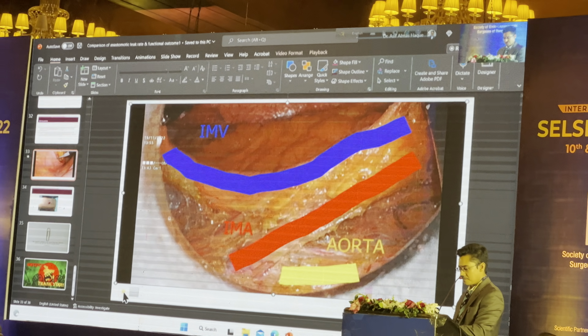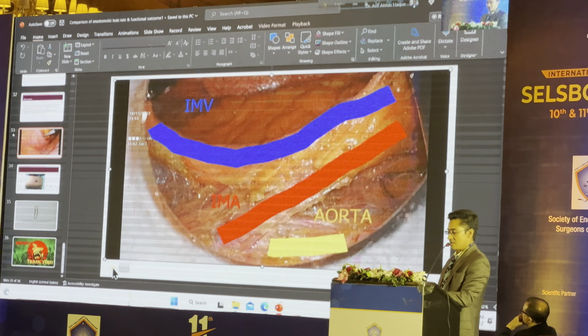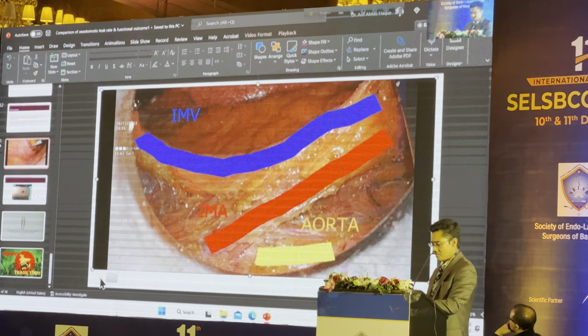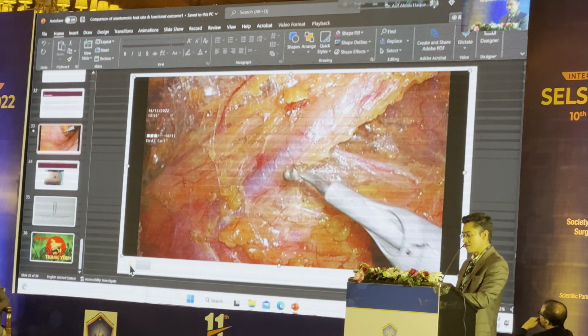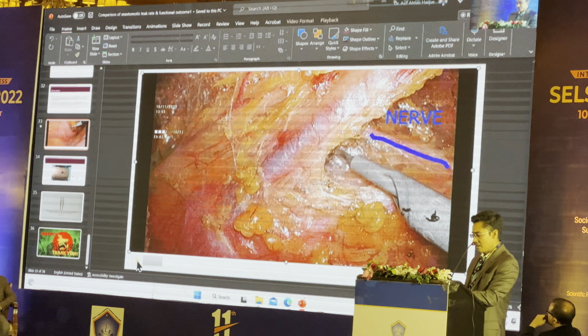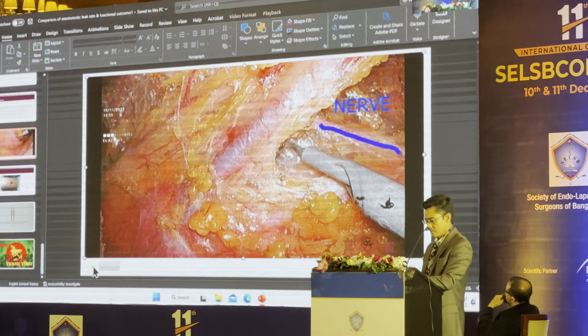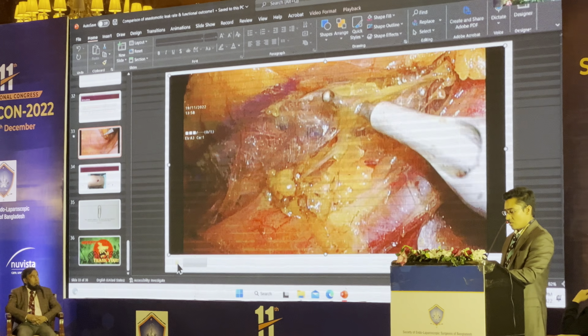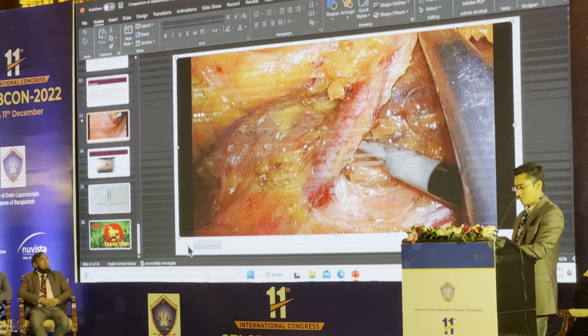As you can see, this is the inferior mesenteric artery, the inferior mesenteric vein, and the aorta. We always prefer a meticulous dissection, especially with the hook. You can see the nerves, these nerves must be preserved. Hook gives us the maximum control. That way we always use the hook.